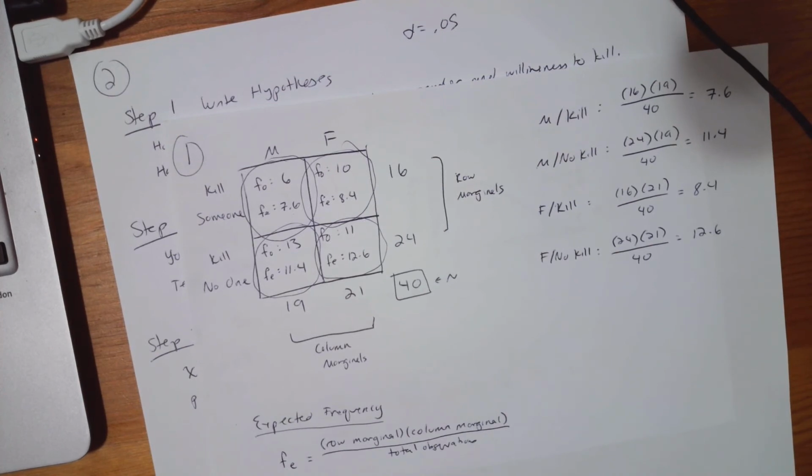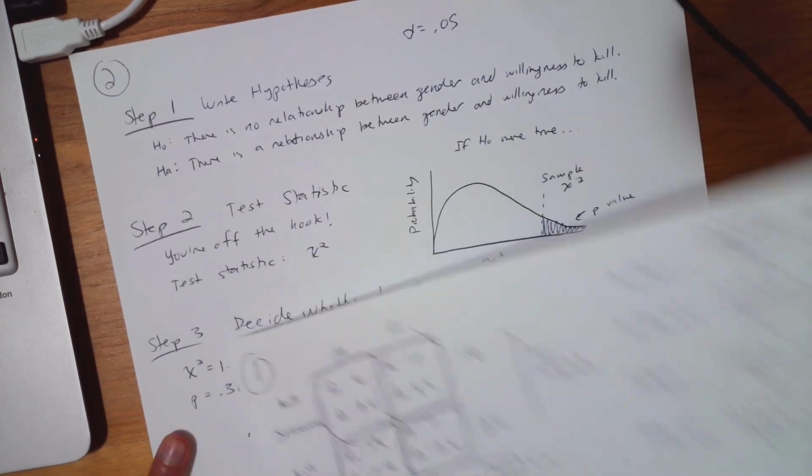So these differences that we see in the sample don't give us enough evidence to say that in the population of criminal justice students as a whole, men and women are answering this question any differently.